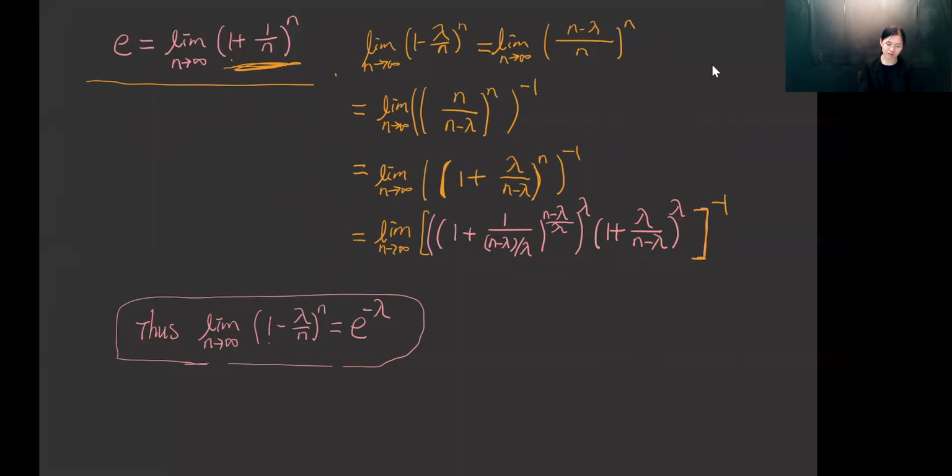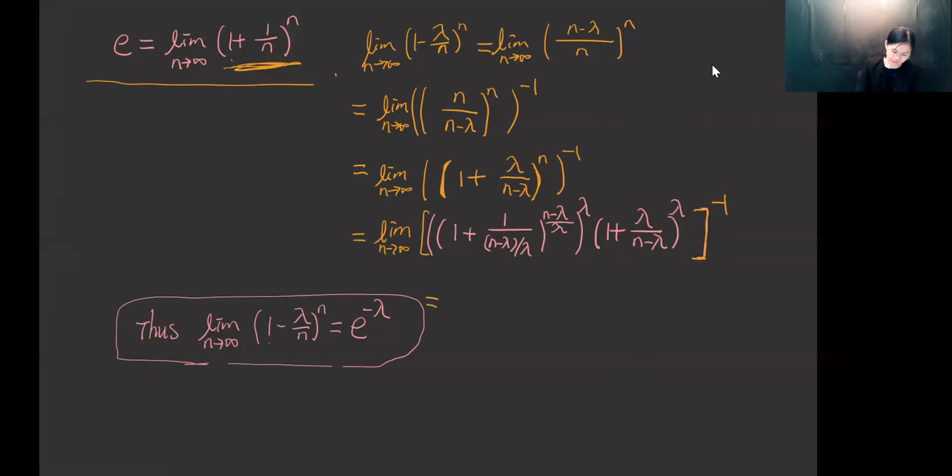And outside, we still have this power minus 1. So what did we do? We obtained a form of this that looks exactly like what's here.